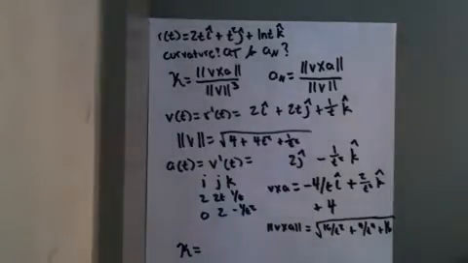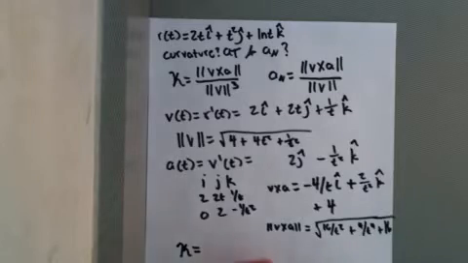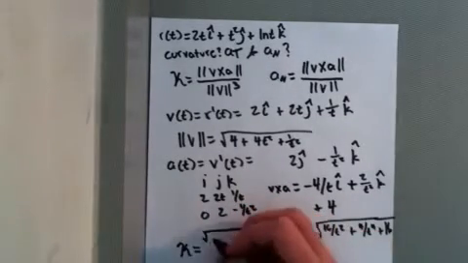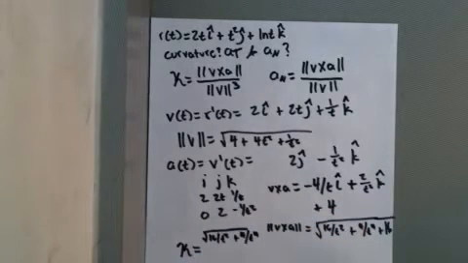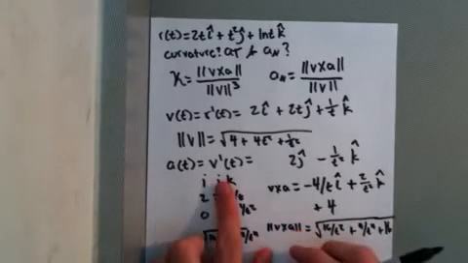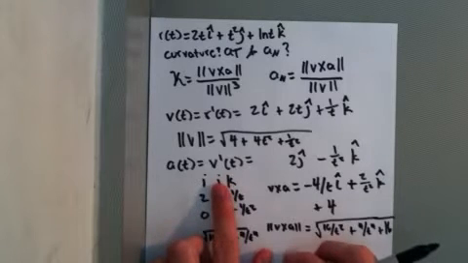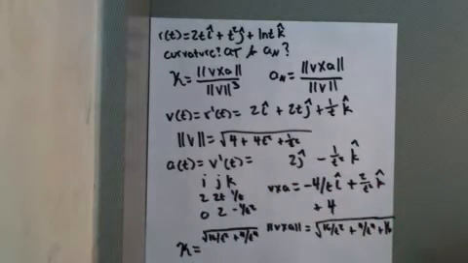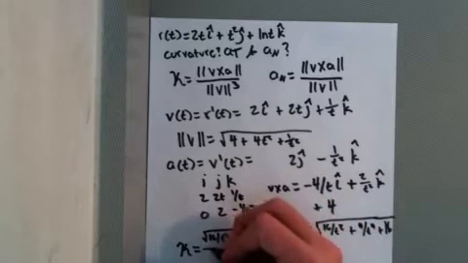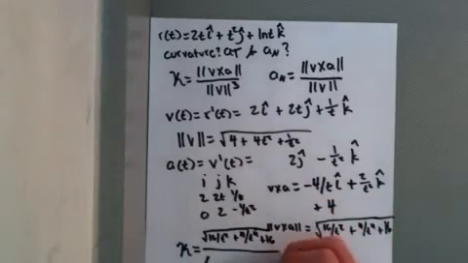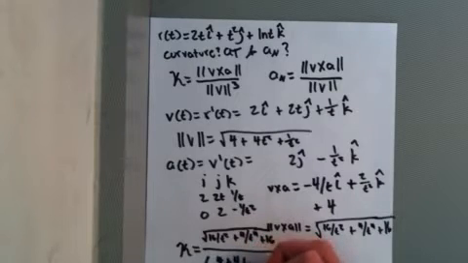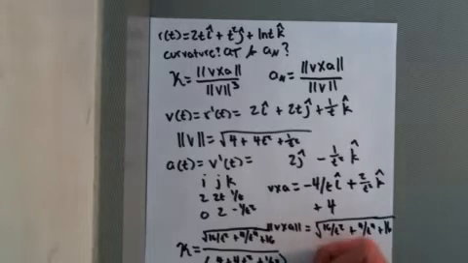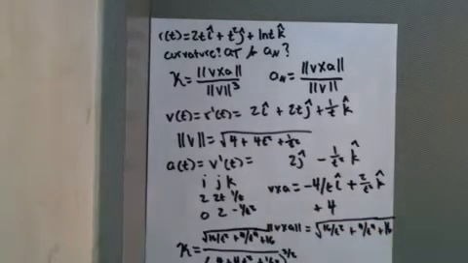So k is going to be equal to our big square root, so 16 over t squared plus 4 over t to the 4th plus 16, divided by the magnitude of v cubed, so that's 4 plus 4t squared plus 1 over t squared, to the 3 halves, right, because it's a square root cubed.